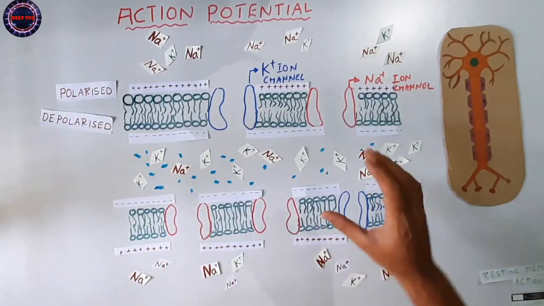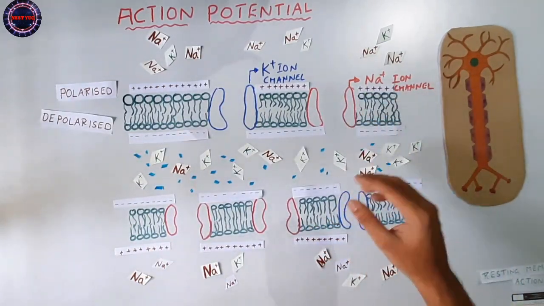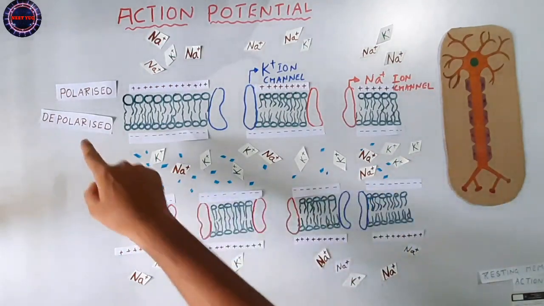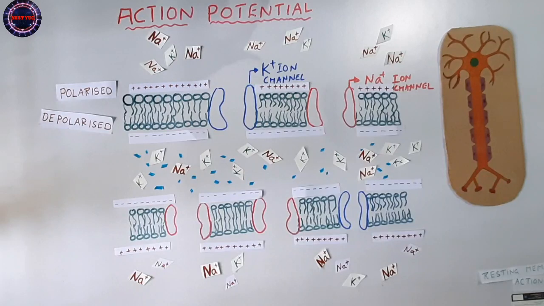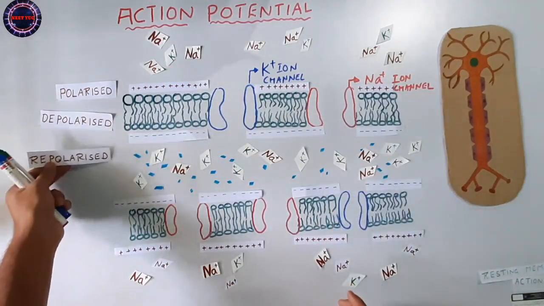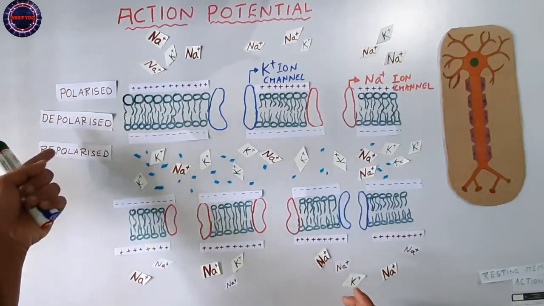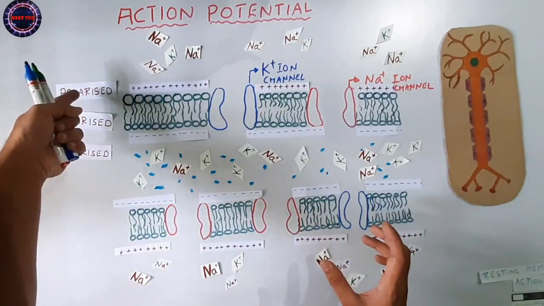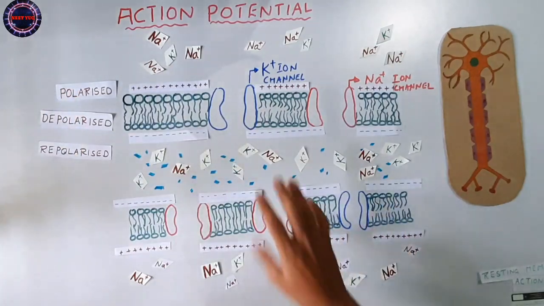That is nothing but a continuous flow of the ions. Okay, this is what produces the action potential. I'll explain it. The last one is, once the disturbance has been created at a particular site of the neuron, it has to repolarize, that is, actually come back to its original state. That is nothing but getting back to the polarized state. Okay, so these are the three steps.